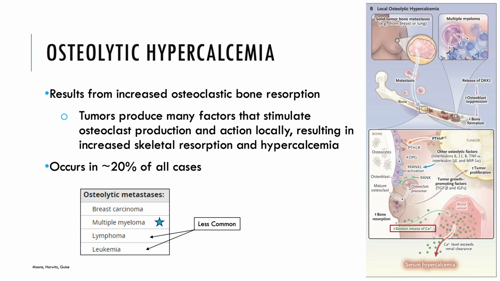The mechanism of this pathophysiology is that it results from increased osteoclastic bone resorption, and you can see a visual representation of this to the right, but what happens is the tumors produce many factors that stimulate osteoclast production and action locally, and that in turn leads to increased skeletal resorption and hypercalcemia.